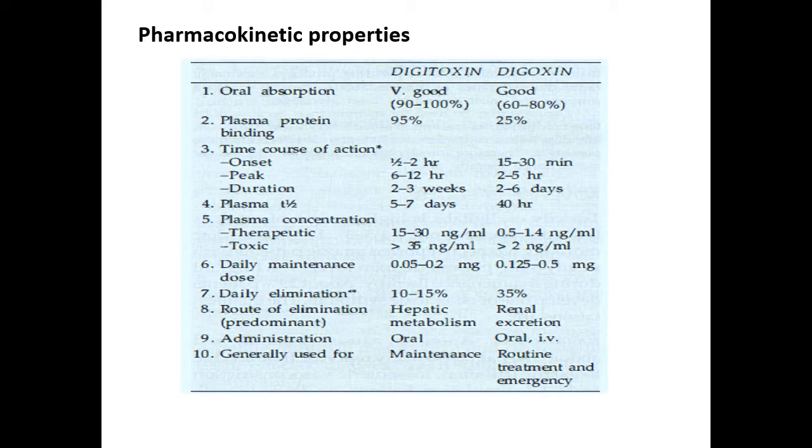The route of elimination for digitoxin is through hepatic metabolism and in feces, and for digoxin it is the renal route. Digitoxin is administered through the oral route, and digoxin through both oral and IV routes. So these are some characteristic features of the pharmacokinetic properties of digitoxin and digoxin.